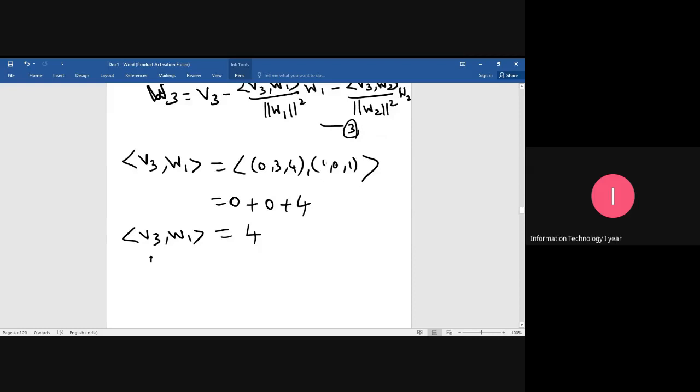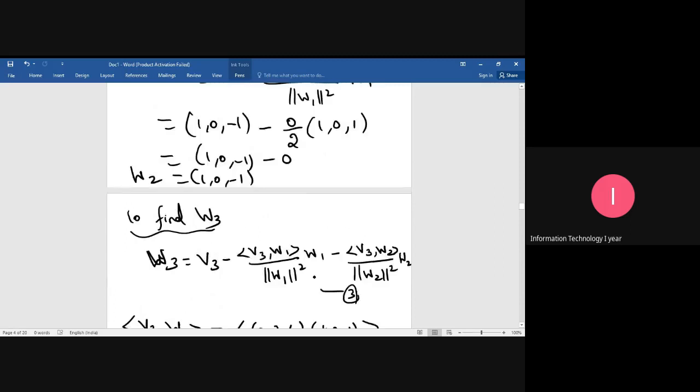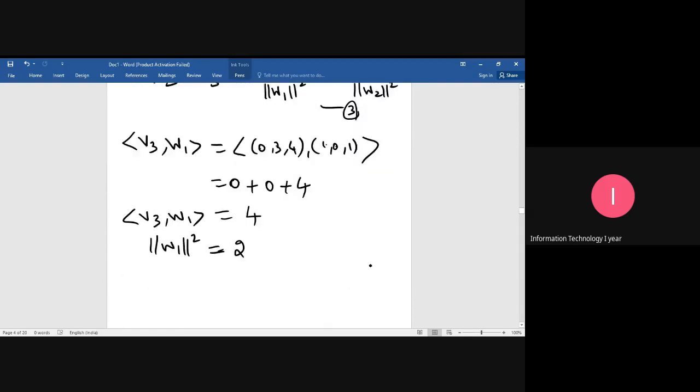Norm W1 square we already calculated. It is actually 2, I think. It is 2, right? Norm W1 square is 2. Then we need the inner product of V3 comma W2. This is the inner product of V3, 0 comma 3 comma 4, comma W2.